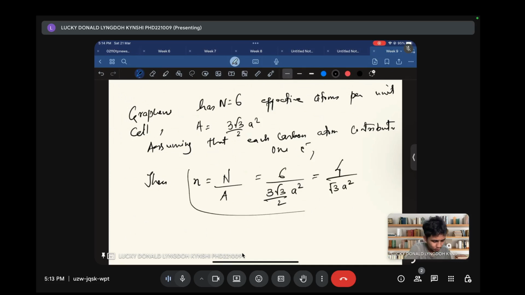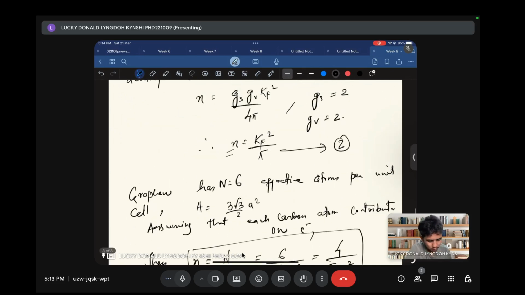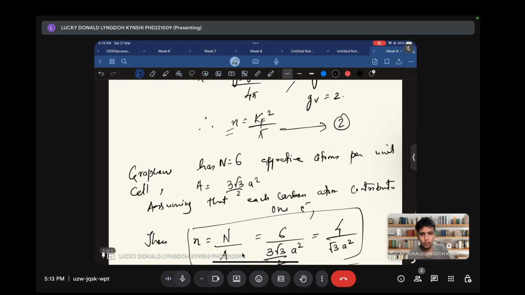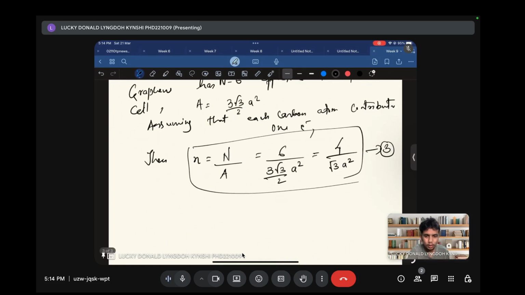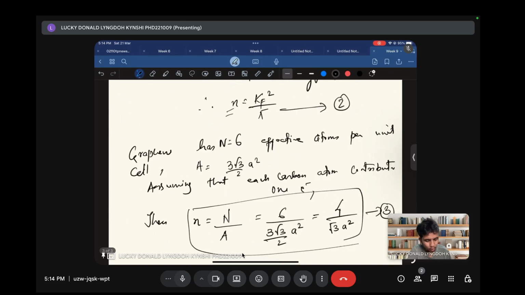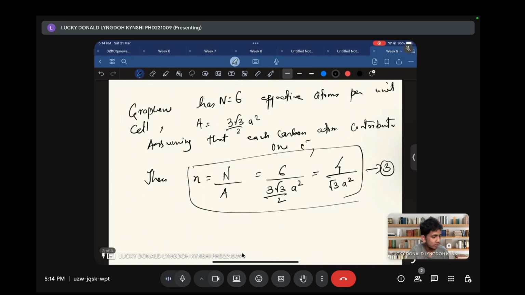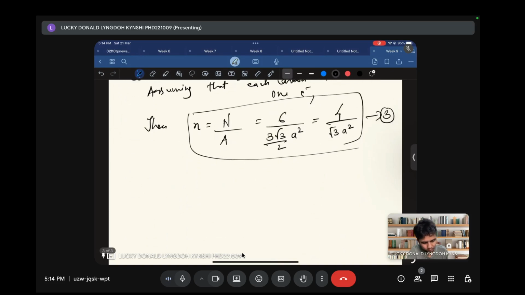Okay, so you see here you get n based on the formula, which is equation 2, and also n equal to capital N, which is the number of effective atoms per unit cell, divided by the area, you get the electron density. Okay, so if you compare equation 2 and equation 3, what do you get? You will get kf, isn't it?